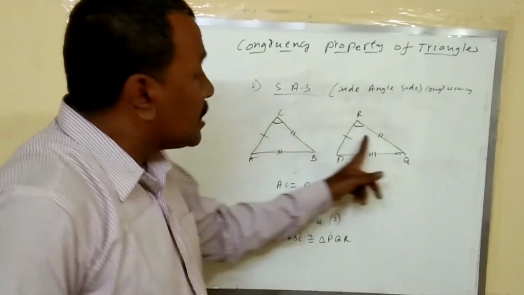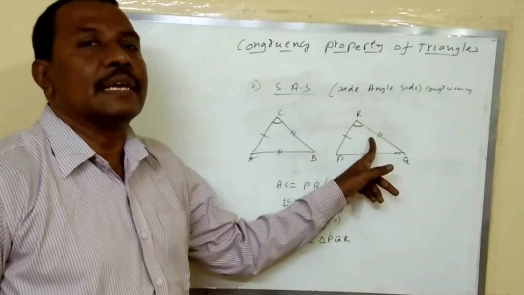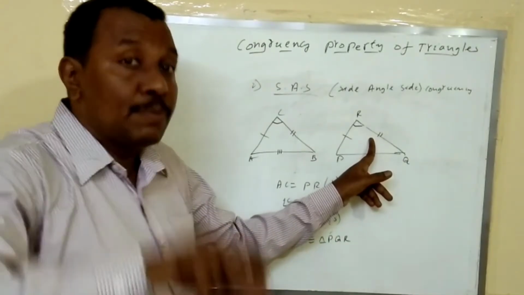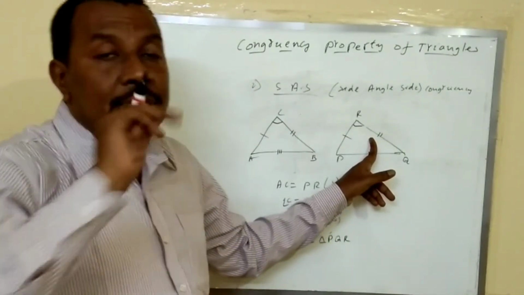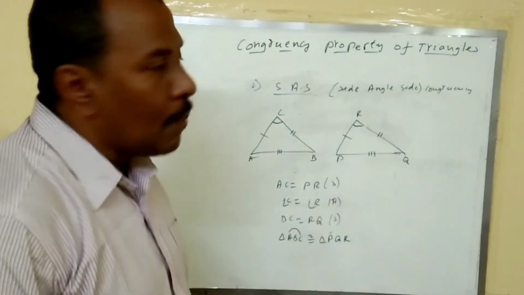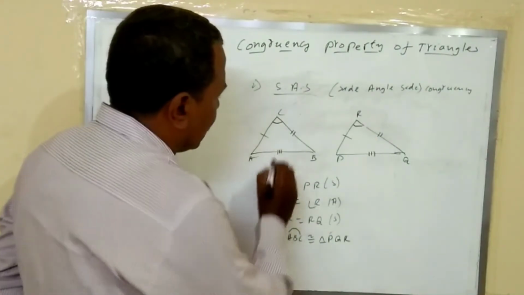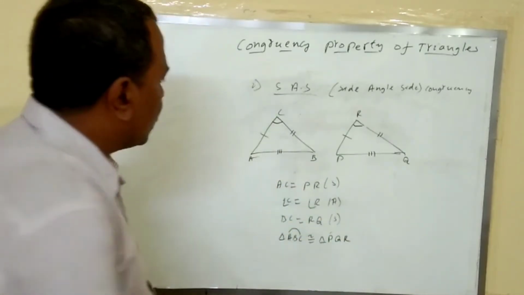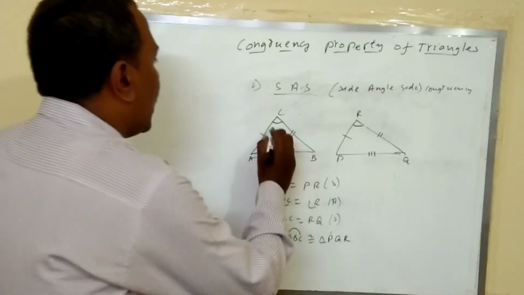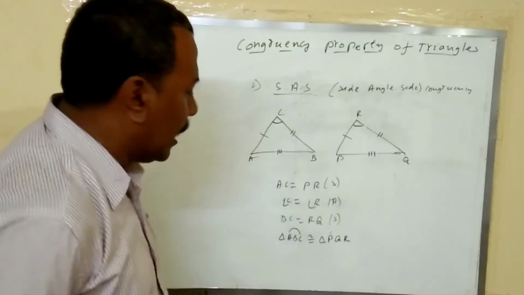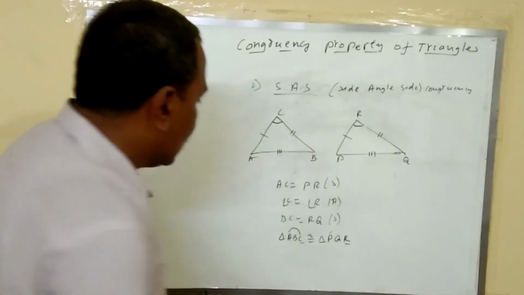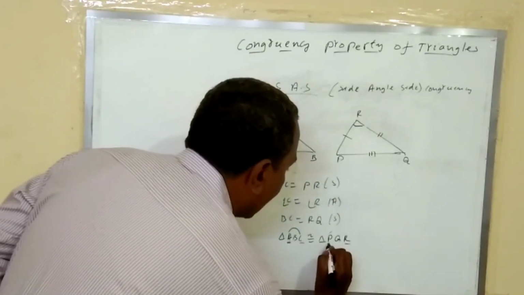If these two triangles are congruent according to SAS congruency, naturally the remaining corresponding measurements must and should be equal. What are the remaining corresponding measurements? AB is equal to PQ and angle C is equal to angle R. What about angle A?